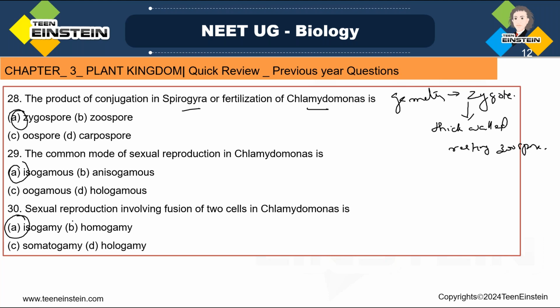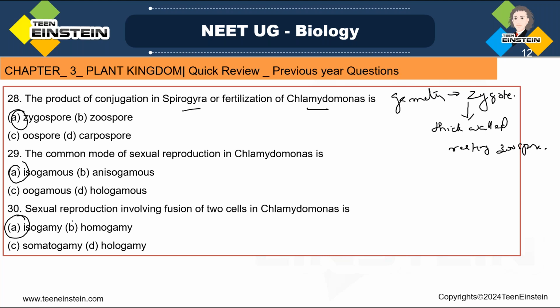So these questions, question number 1 to 30, are from algae. We have covered all the questions from algae. In the next class, we'll cover the questions from bryophytes, pteridophytes, gymnosperms, and angiosperms. Now you are getting an idea about the question pattern from the previous year questions.